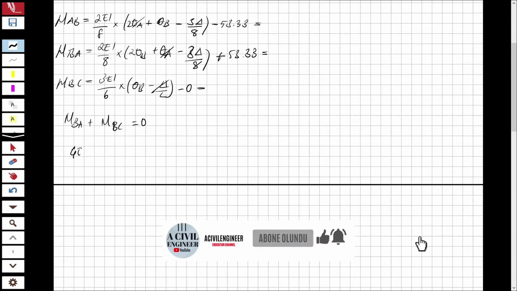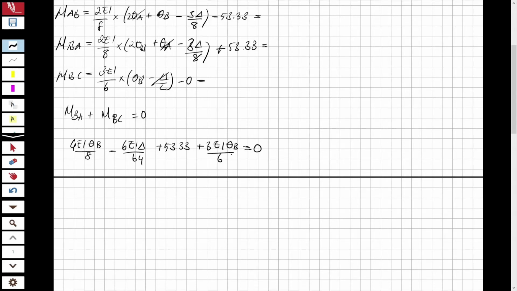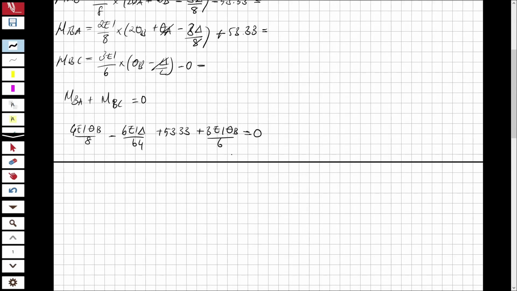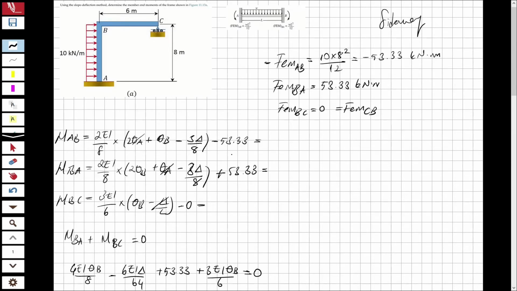That will be 4EI theta B over 8 minus 6EI delta over 64 plus 53.33 plus 3EI theta B over 6 equal to 0. Now we have two unknowns and one equation, so I need another equation to solve the question.